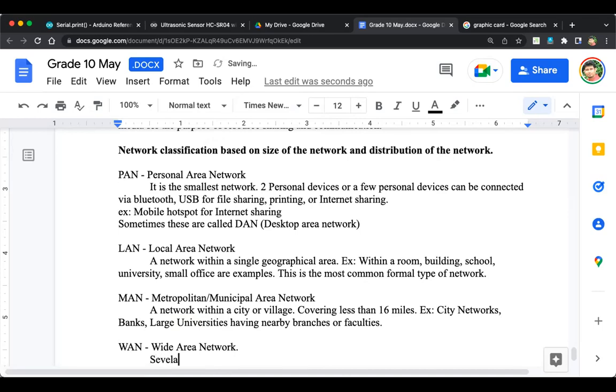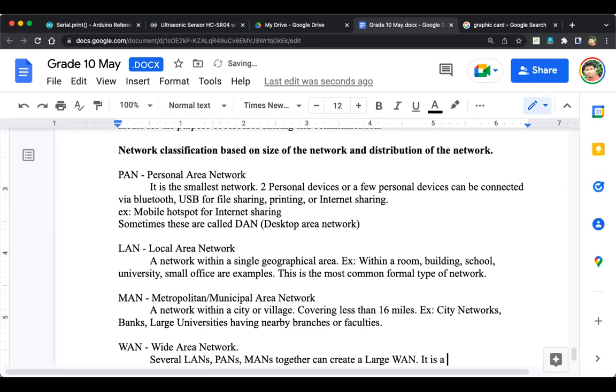Several LANs, PANs, MANs together can create a large WAN.